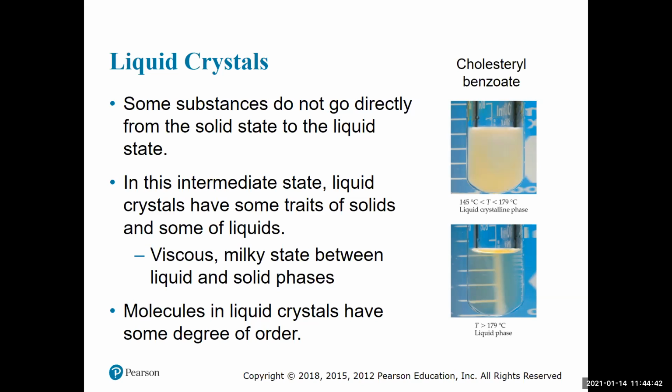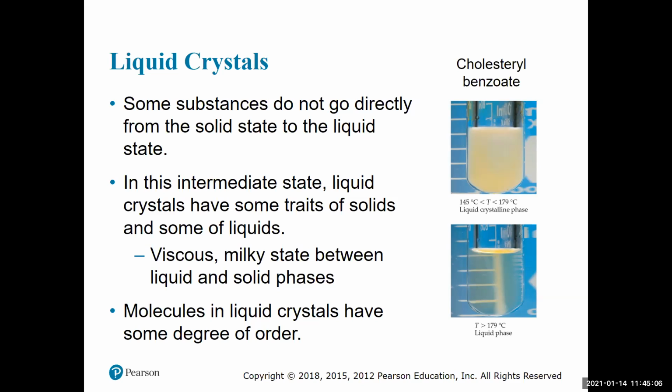So what liquid crystals are is a substance that doesn't go directly from solid to liquid. That intermediate state is called a liquid crystal. Here we have some pictures. Here's the liquid phase, here's the liquid. They tend to have this kind of milky look to them.